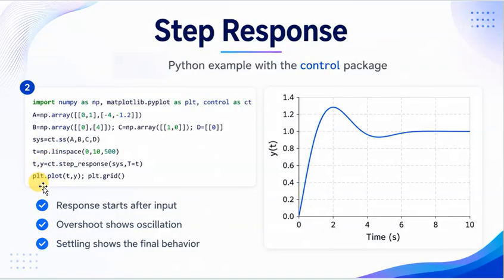So the plot to the right shows these eigenvalues in the complex plane, and their location tells us the natural behavior of the system. If the eigenvalues are in the left half plane, the modes decay. If one eigenvalue is in the right half plane, the system becomes unstable.